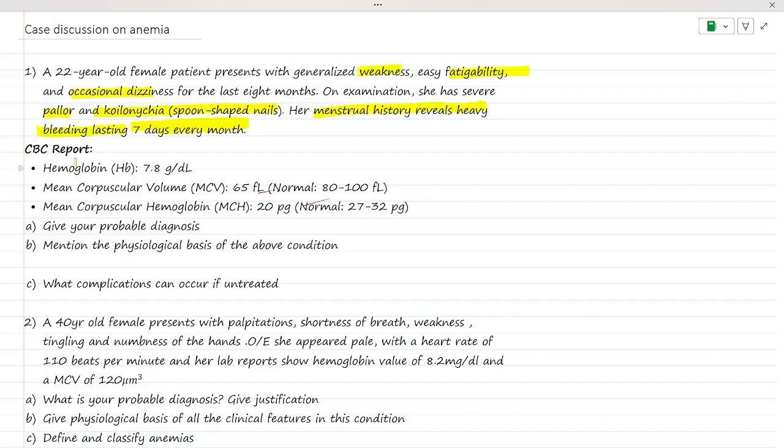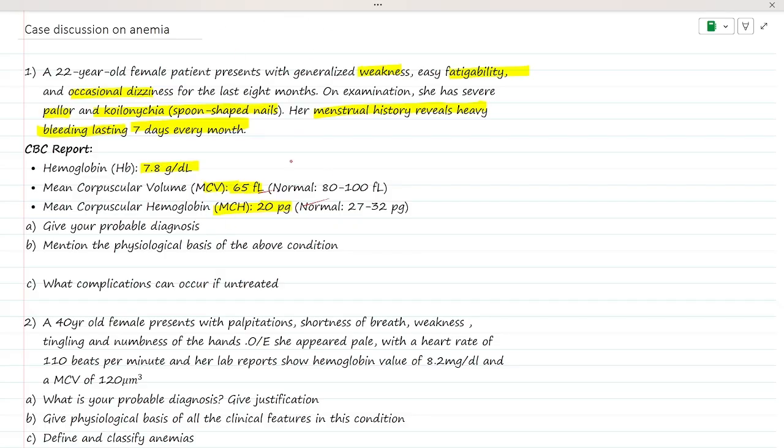The CBC report shows hemoglobin 7.8 g/dL, MCV 65 fL, MCH 20 pg. The question is, what is your probable diagnosis, and the second is the physiological basis of the above condition. So, what do you think the diagnosis may be?